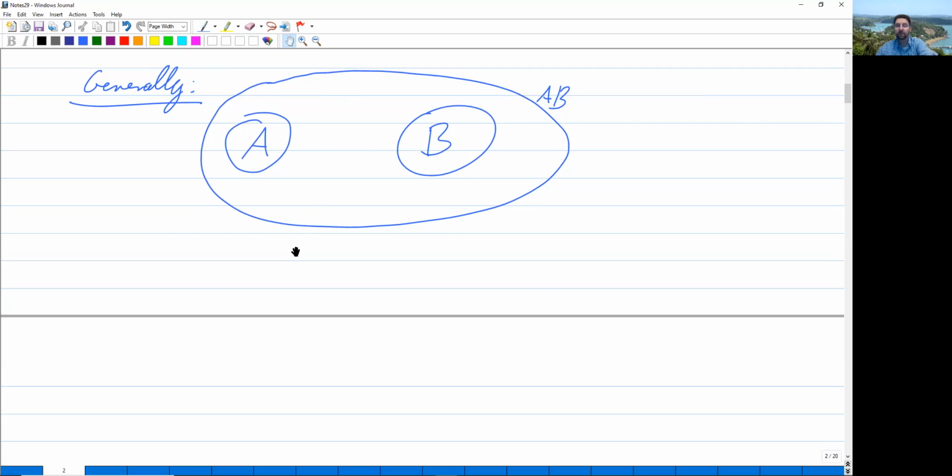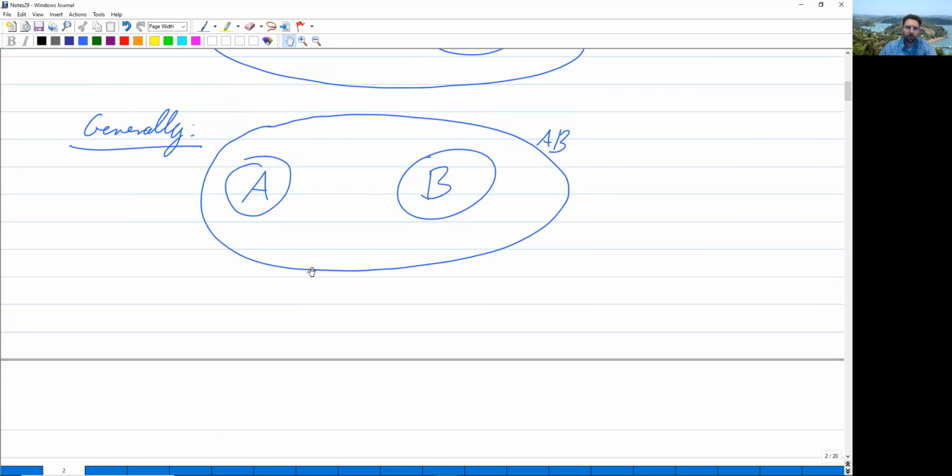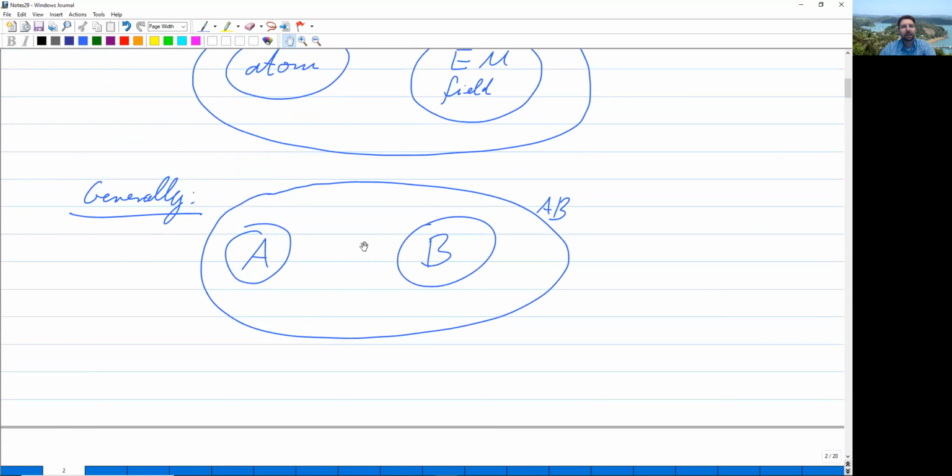Okay, so how do we do this mathematically? First, we will study what the Hilbert space is of the big unified system. And then we will study what the set of operators is that acts on the Hilbert space of the big system.